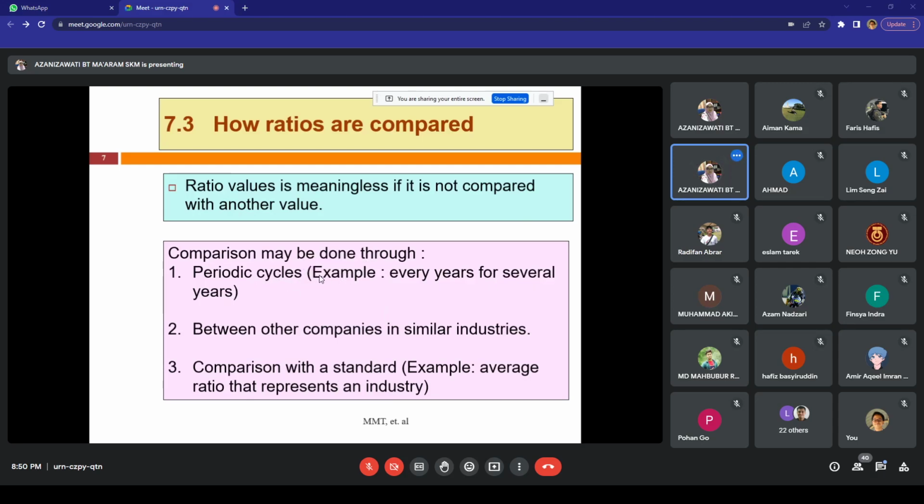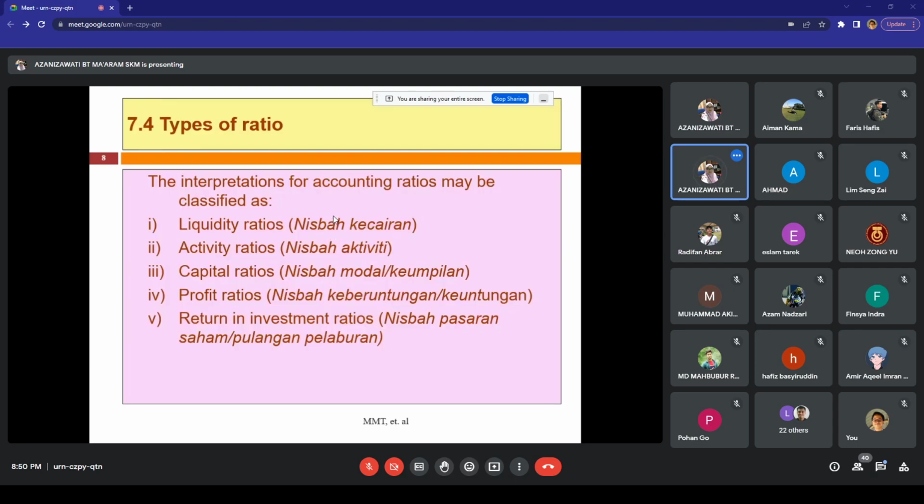This is what happened to Nokia: they didn't do benchmarking with other companies, and they just thought they were doing good enough. So you can relate to the cases in business, right?